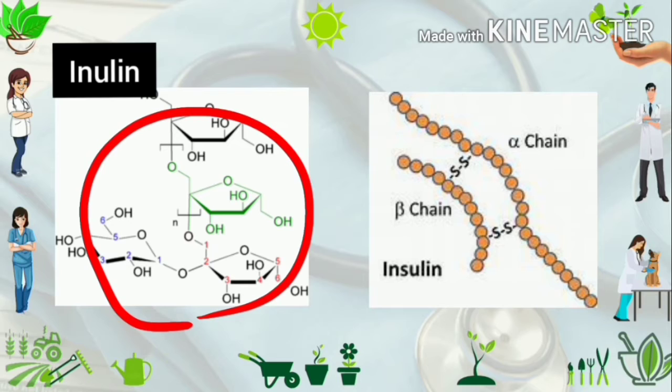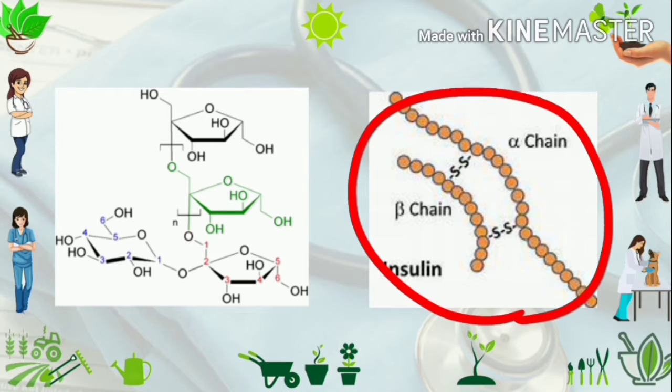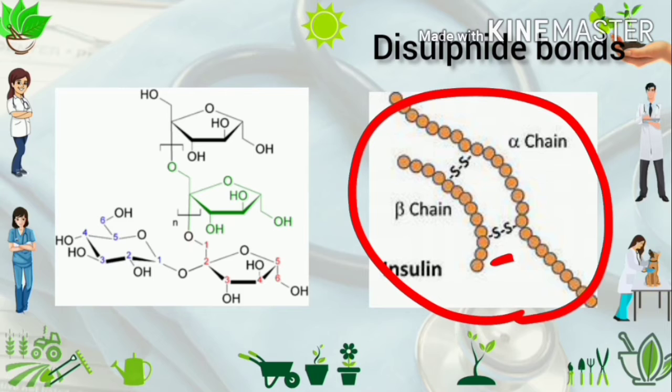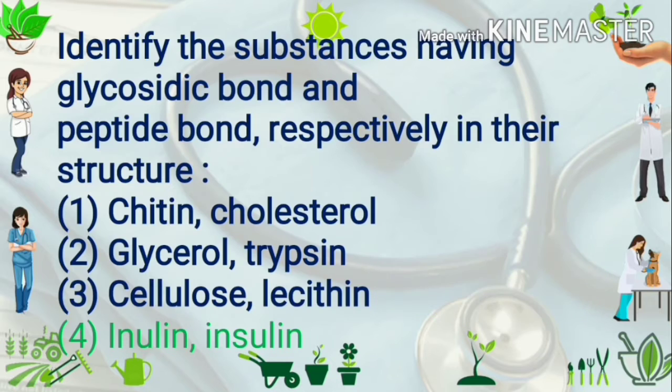Inulin is a polymer of D-fructose in which the monomer units are linked by glycosidic bonds. Inulin occurs naturally in tubers of some plants. Whereas insulin is a polypeptide, peptide A and peptide B linked by means of two disulfide bonds. So the answer of this question is option 4.